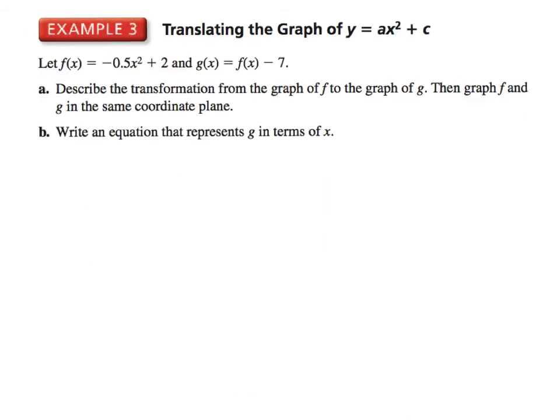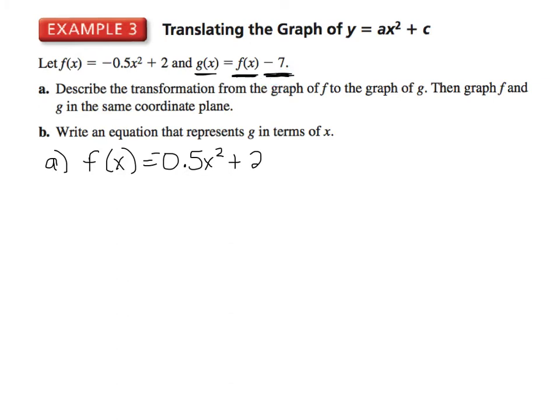So example 3. Example 3 gives us two functions. Now these two functions are f and g. It says describe the transformation from the graph of f to the graph of g. Then graph both of them. So if we're looking at A, what does it say? It says that the function g is taking the function f and subtracting 7. So we can take the function, which is f of x equals negative a half x squared plus 2. And it says we have to subtract 7 from that.